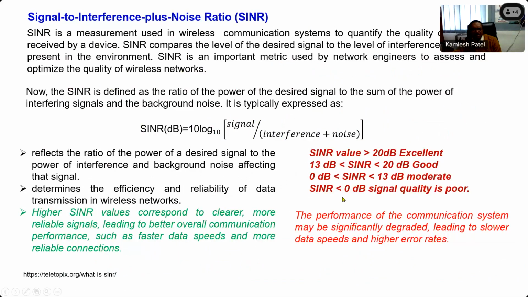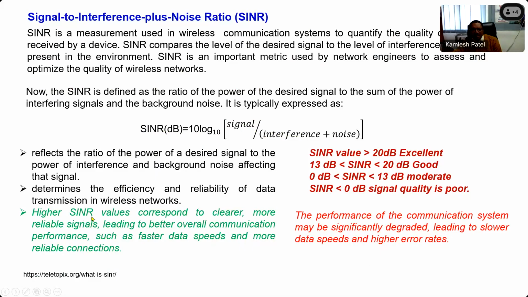The next important parameter is the signal to interference plus noise ratio, which is defined as 10 log base 10 of signal over interference plus noise. So there is a difference between the SNR and SINR. SNR does not take care of the interference. So there is some significance of the SINR.